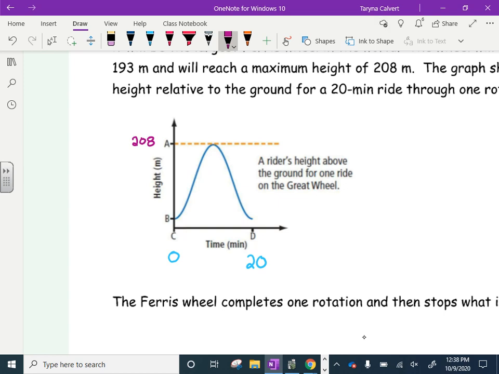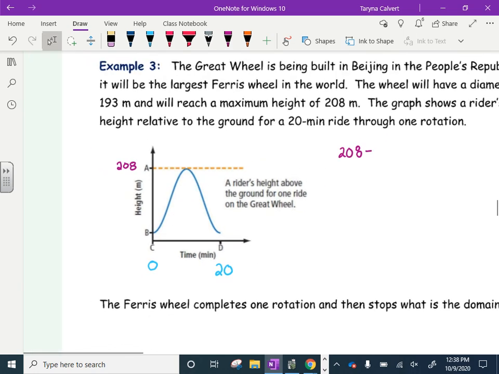Probably 15? How did you get 15? So Donald just said he took 208 and subtracted 193, and he got 15. Is he correct? Because what does diameter mean?